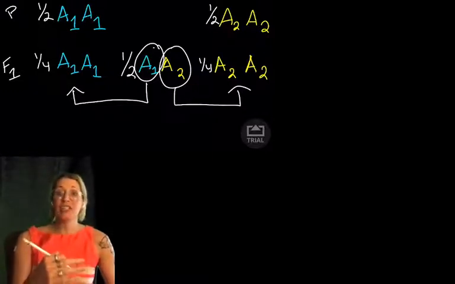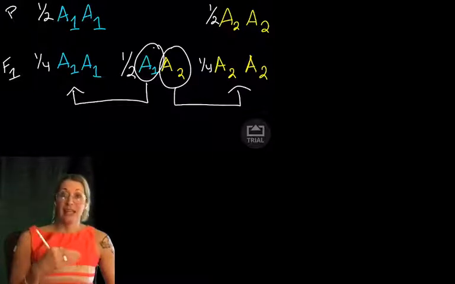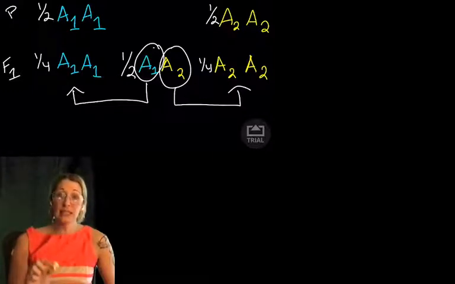So we did not get a change from the parental generation to the F1 generation in our allele frequency. Genotypic frequency changed, allelic frequency didn't change. This is what we're talking about when we're talking about Hardy-Weinberg equilibrium.